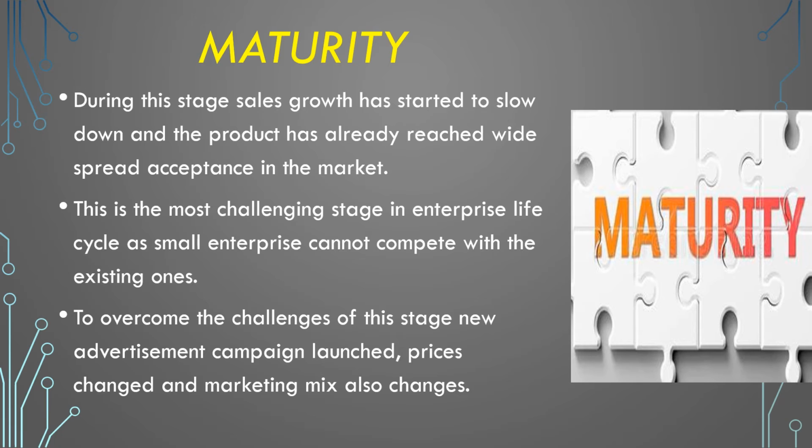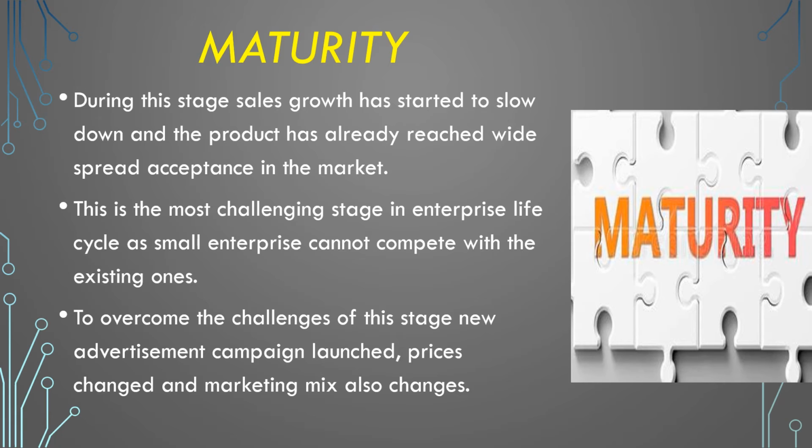The maturity stage normally lasts longer than the previous stages. As such, the majority of enterprises are found in the maturity stage. In this stage, marginal enterprises which find it difficult to withstand the competition start dropping out and finally leave the market.